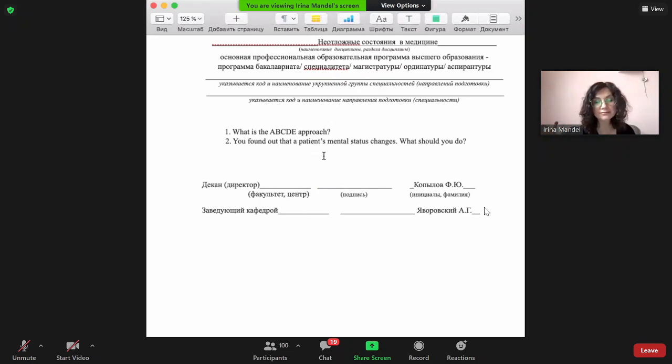This question is about, you see that it is found out that the patient's mental status has changed, and we suspect the hypoglycemia here, because only in hypoglycemia the mental status changes suddenly and quickly. And here you should answer about hypoglycemia, as the most frequent cause of mental status changes.